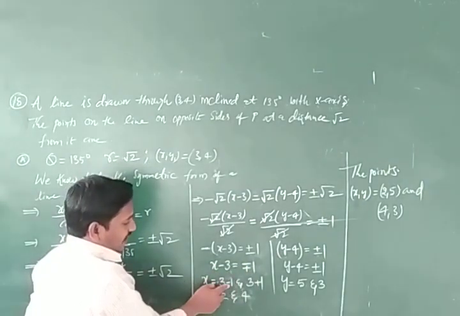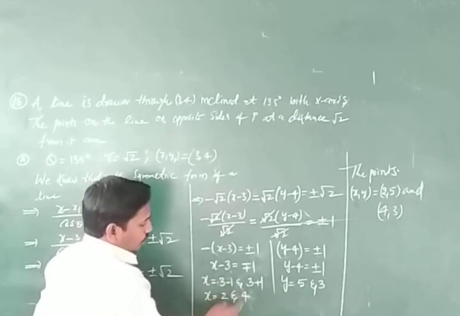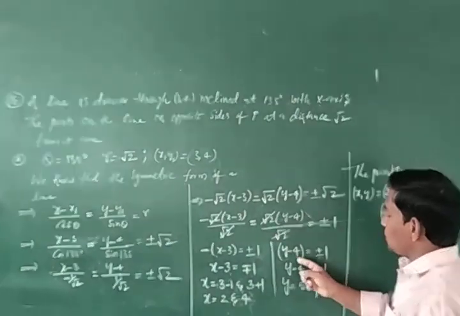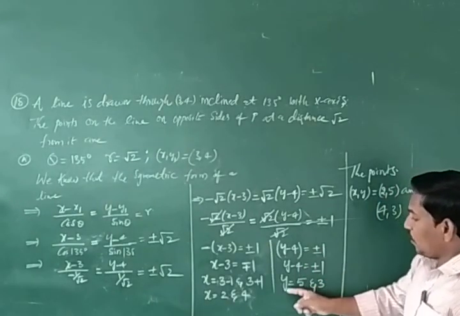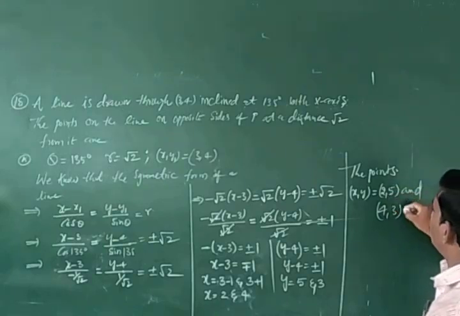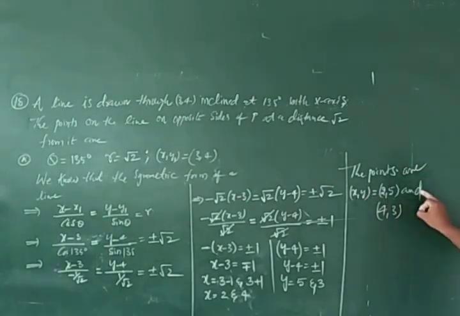X equal to 3 minus 1 and 3 plus 1, x equal to 2 or 4. Okay, y minus 4 equal to plus or minus 1, y equal to 5 and 3. So the required points (x, y) are (2, 5) and (4, 3).